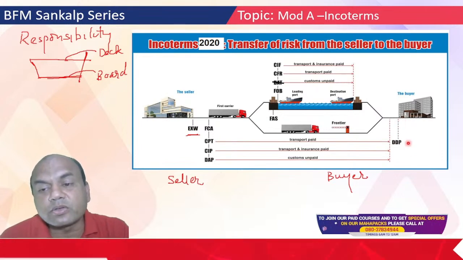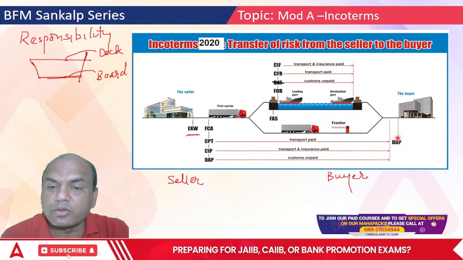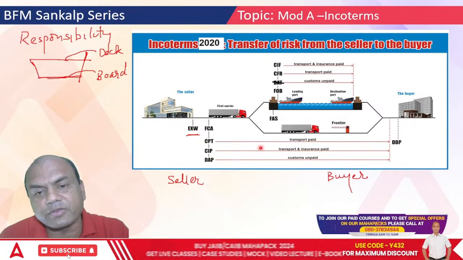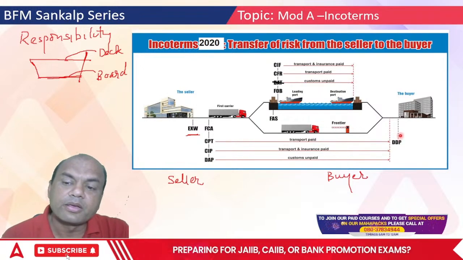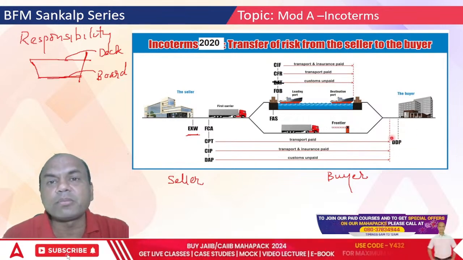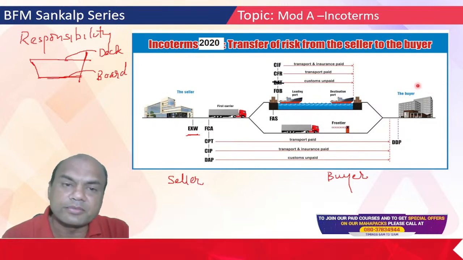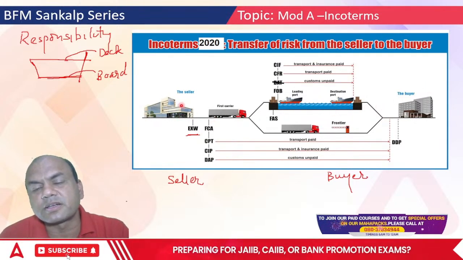This is the best Incoterm for the buyer. Why? Because in DDP, now look at this. This DAP and DDP, they are applicable to both ship as well as road and rail or air or anything. Okay. Now DDP means what? Delivery duty paid. It is the best Incoterm for the buyer. Why? Because here every responsibility is on the seller.